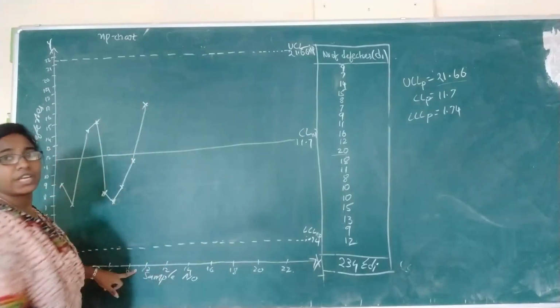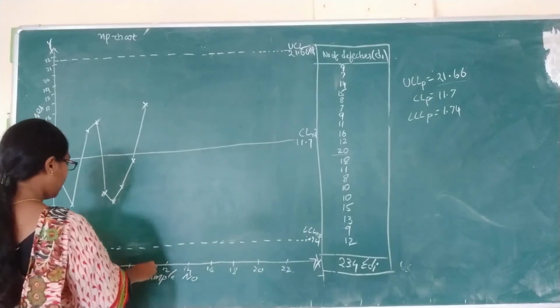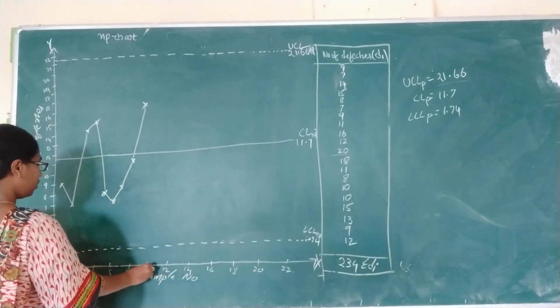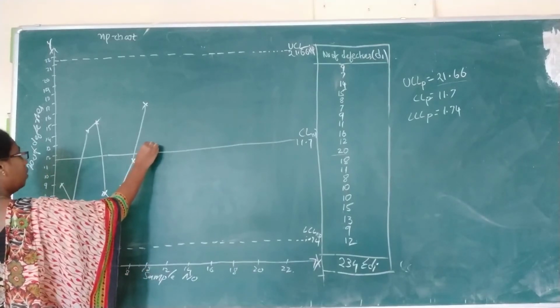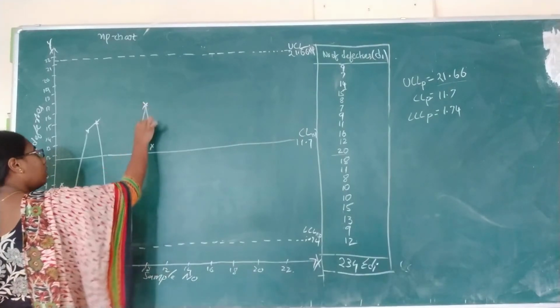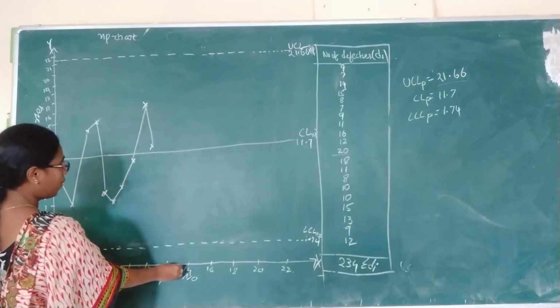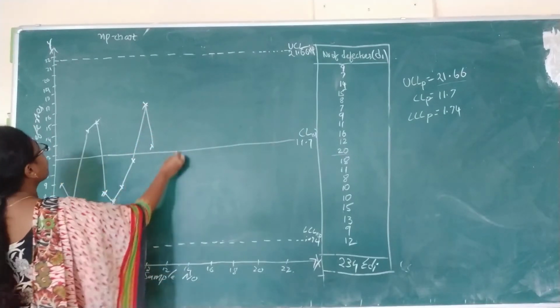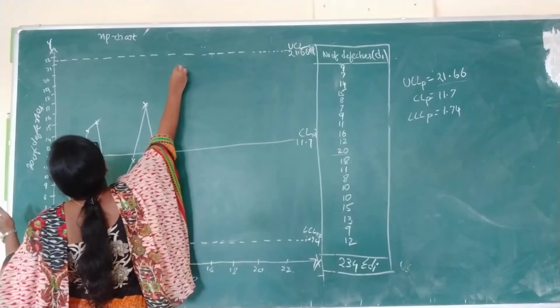For the next sample it is 12. Next sample is 20. So here it is 20.